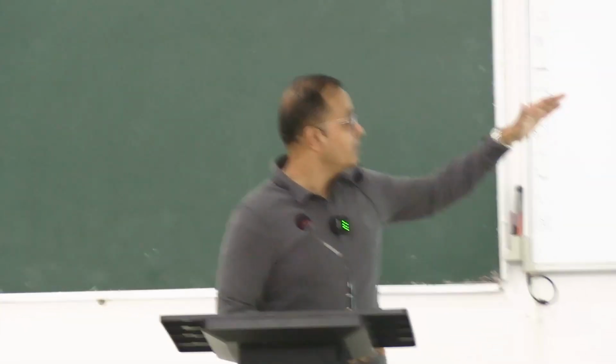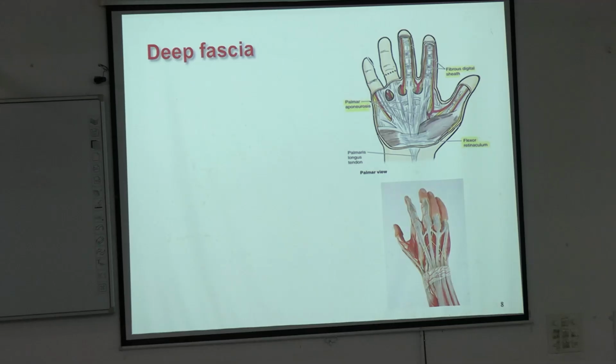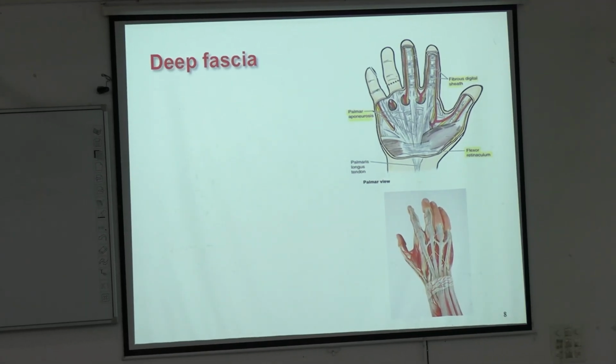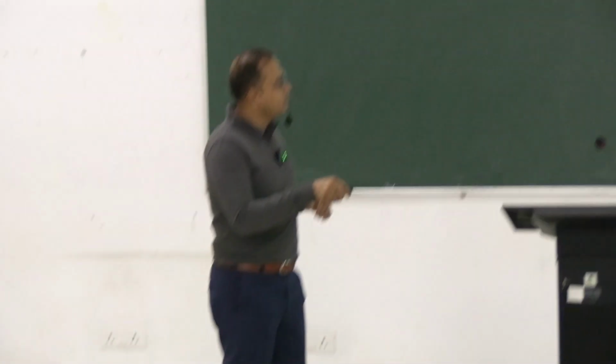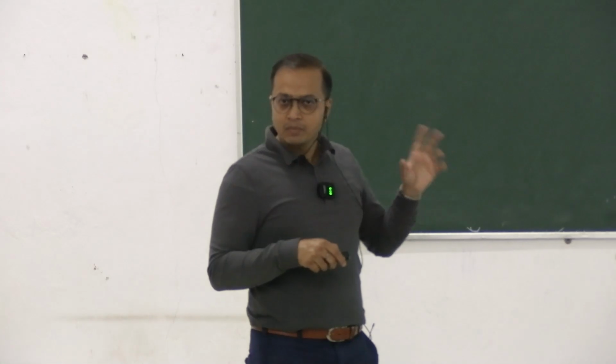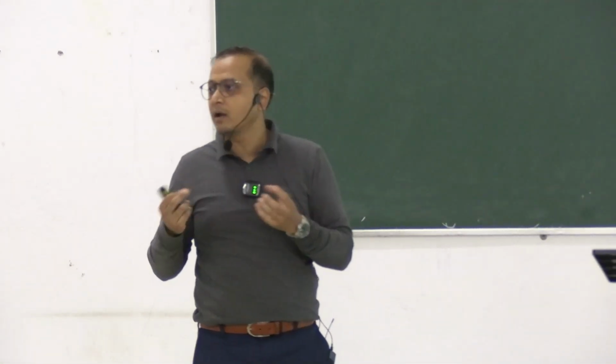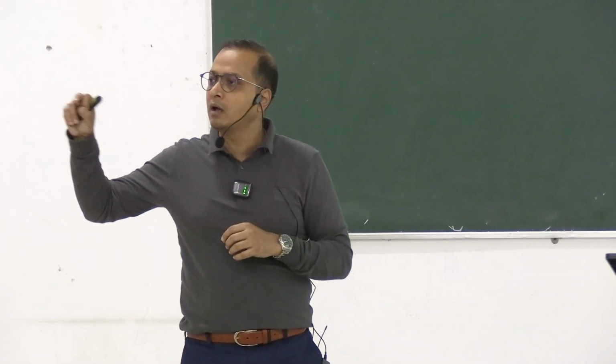Now from here we are going to talk about an important aspect of the palm region, the deep fascia. The deep fascia of the palm has some complications and, I would say, modifications. It is modified in three different manners in three different regions. One, in the wrist region, the deep fascia is modified to form a wristband kind of structure. We call it the retinaculum.